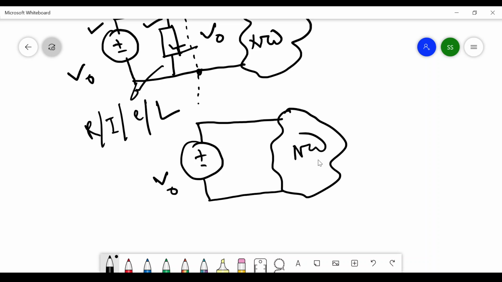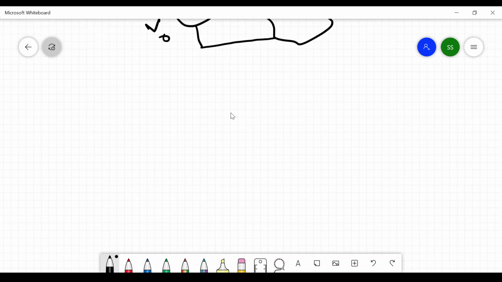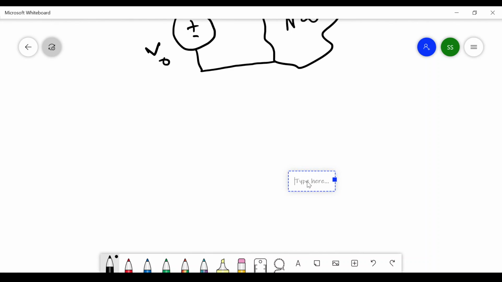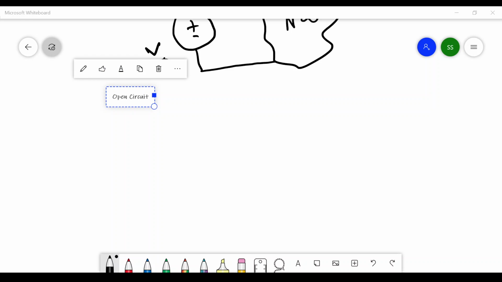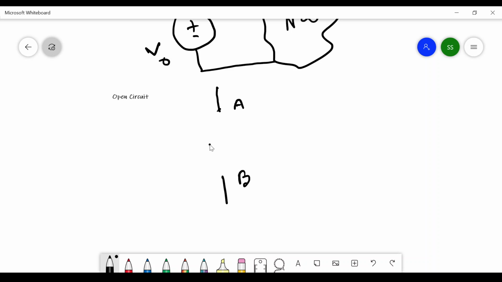Now let's proceed further. The topic on which we will be discussing first is what is open circuit. Whenever we say that there is an open circuit, that means if I draw two terminals, let's say A and here is another terminal B, open circuit means no current is flowing in between these two particular nodes.